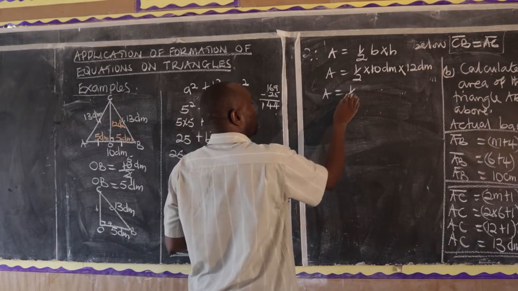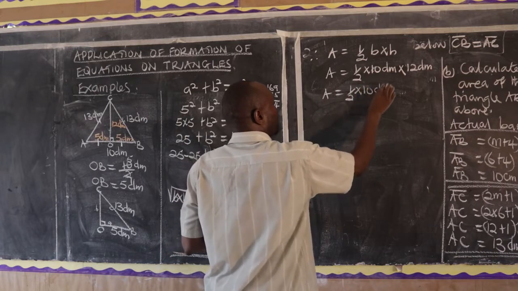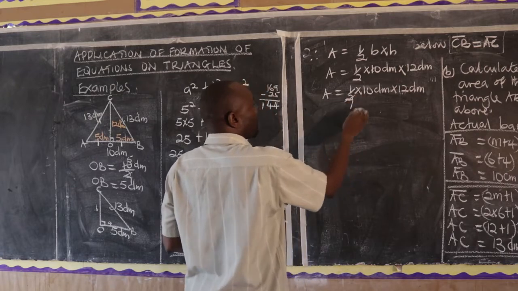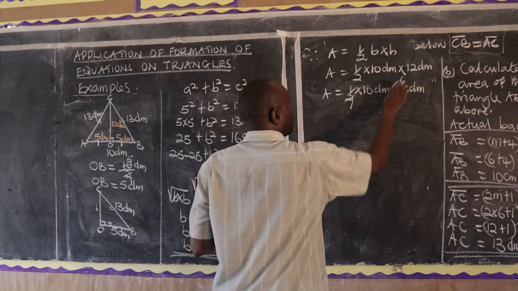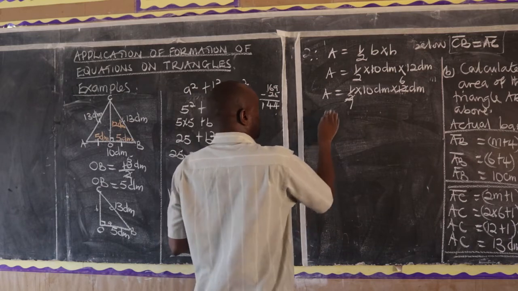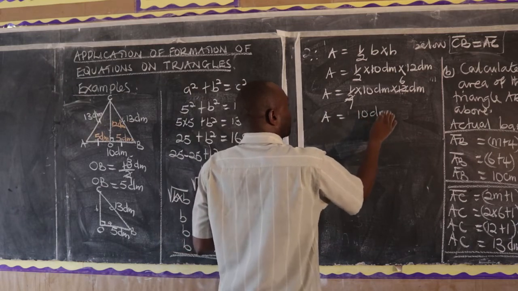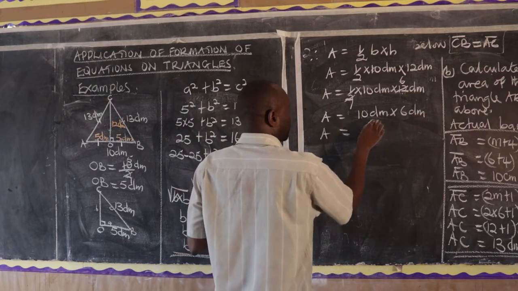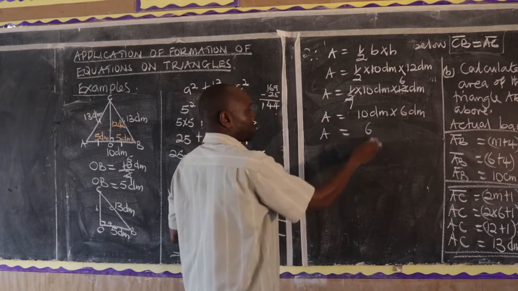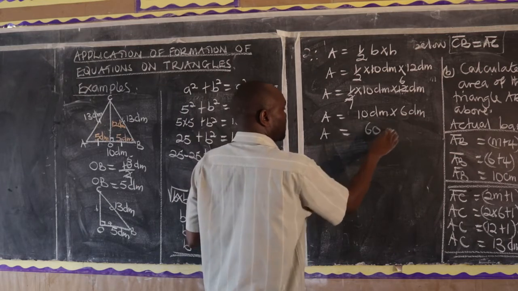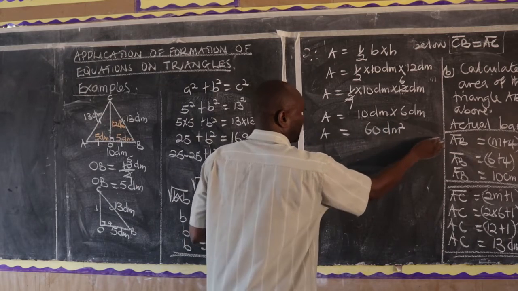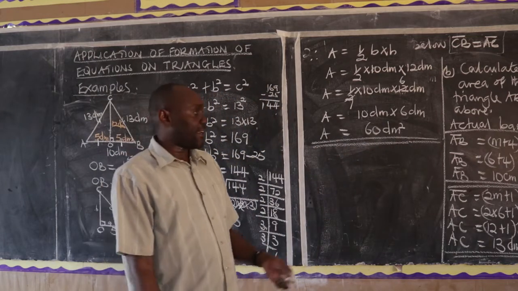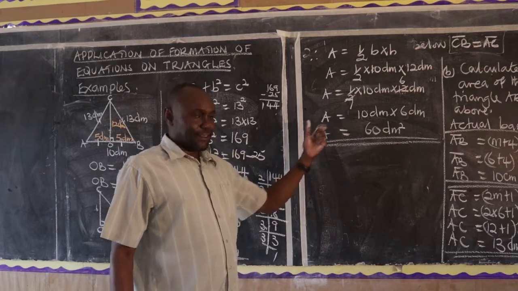So the area will be a half times 10 decimeters times 12 decimeters. By 2 once, by 2 here, 6. So the area will be 10 decimeters multiplied by 6 decimeters. So the area gives us 10 times 6. That is 60. Decimeter times a decimeter, we shall get decimeter squared. So that is the area of that triangle.